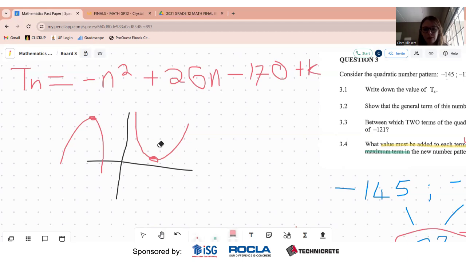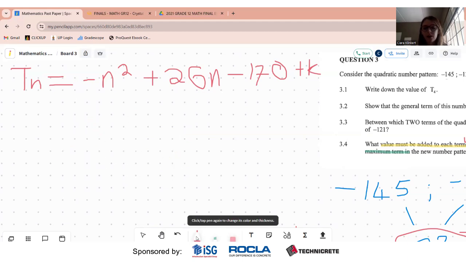Now, we remember from our graph section, I know it does seem wild that they are asking a functions question in the sequences paper, but they really like to draw the comparison between quadratic number patterns and parabolas.